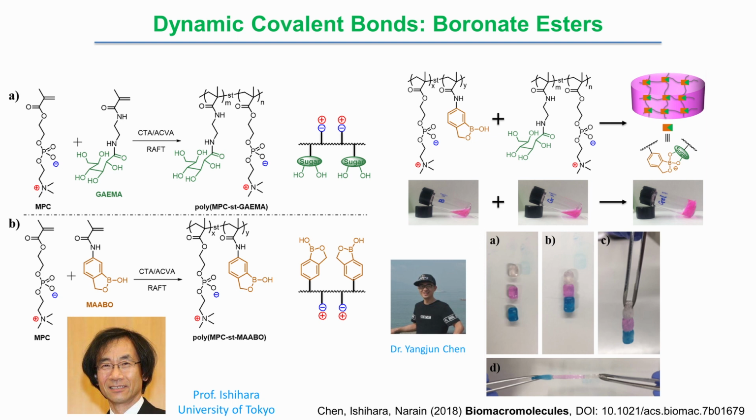We make two different polymers, one with the sugar and one with the benzoxaborole, and when we mix them, we get the gel. This gel is self-healing and responsive to different conditions.